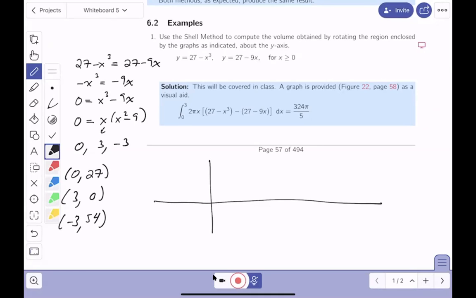So x would be 3, and it's got a slope of minus 9, right? So that's going to be something like this over here. Did I say x is 3? I'm sorry, I made a mistake already. I'm dizzy or something. Sorry about that. This is 27, and this is 3 over here.